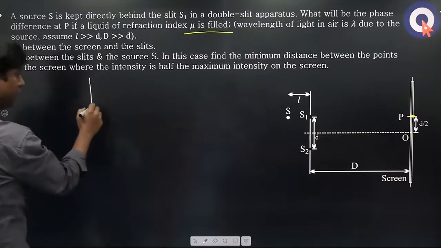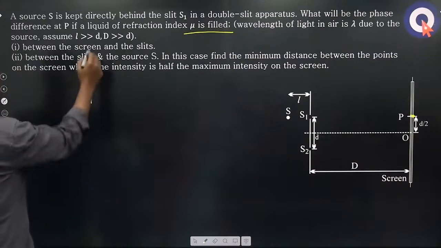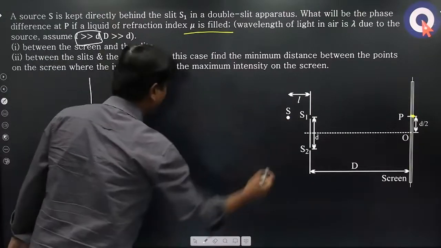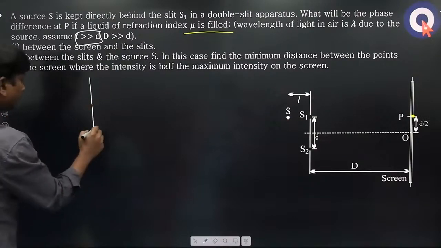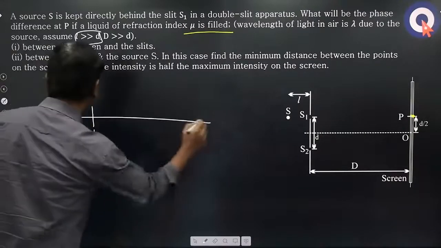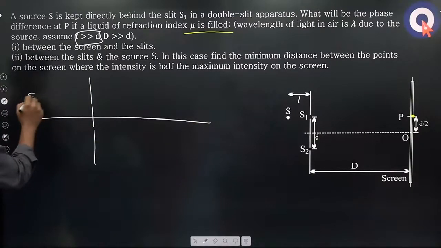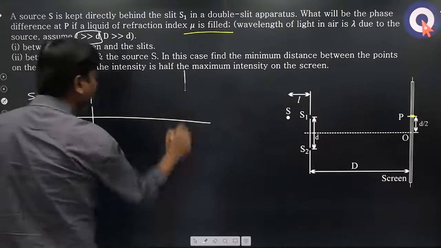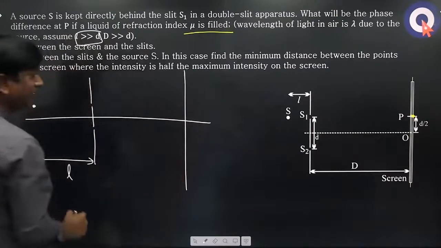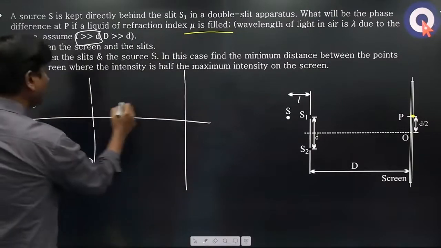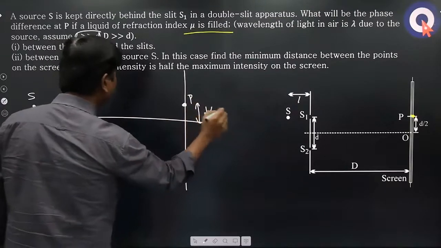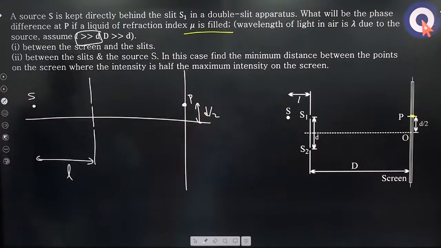So I'll just redraw this one, and also clearly given that L is far greater than small d. So the picture can be assumed like this. Here this is the source, this is a length L, and you're selecting one point P, which is exactly d by 2 there, in front of this one only, and this is also d by 2.